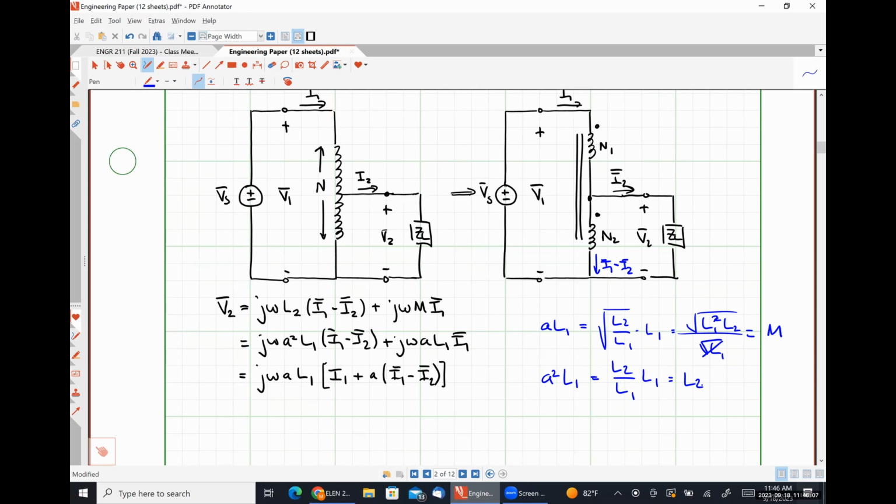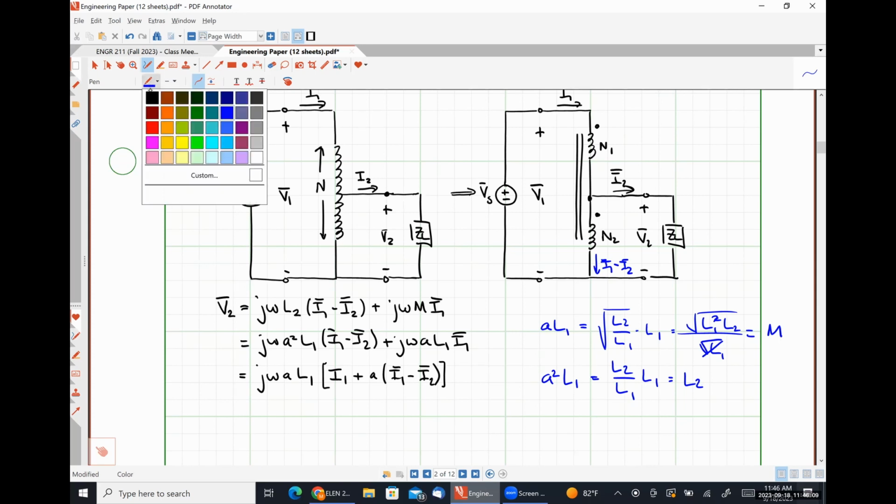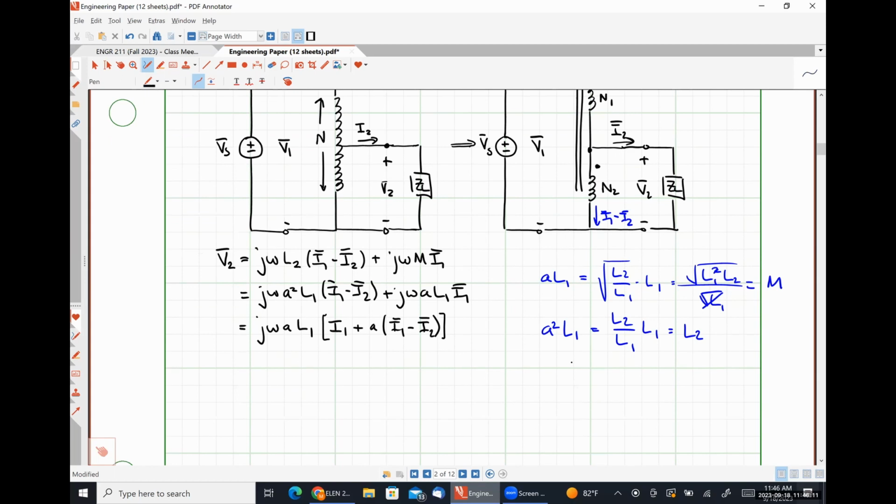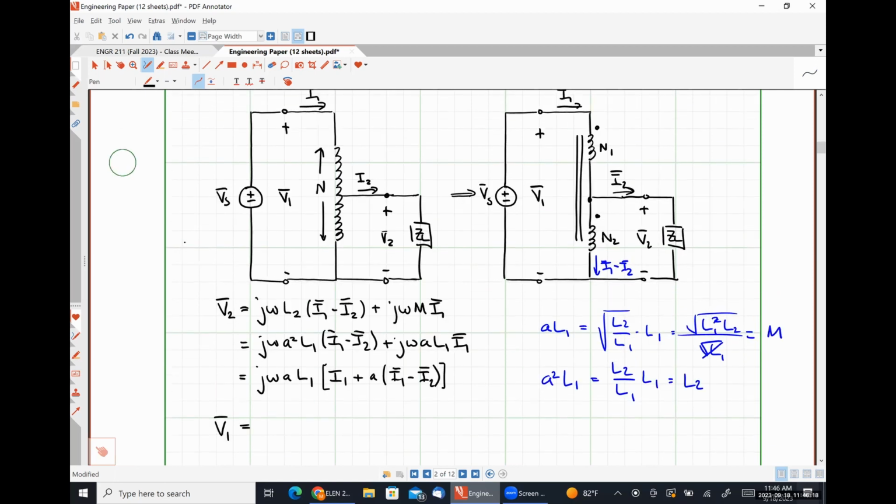All right, so now let's figure out what V1 is. Just to be clear, V1 is the voltage defined from this point in the circuit to this point in the circuit. So it is going to include the voltage drop over this first coil, both the mutual term and the self-term, but it's also going to include the voltage drop over the second term, which we've already defined to be just V2.